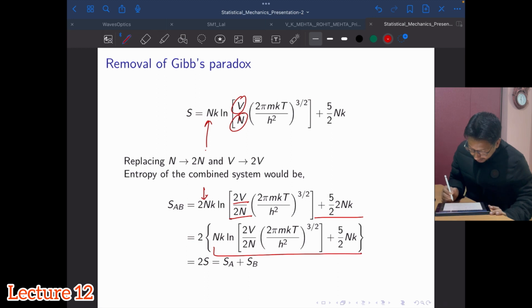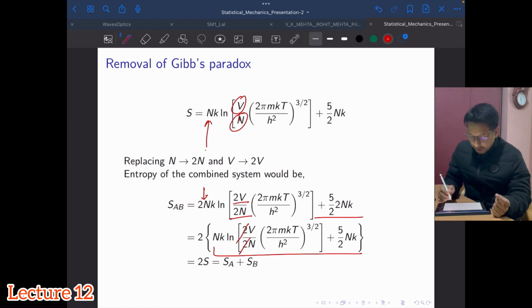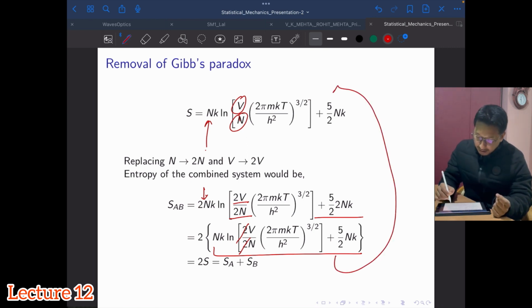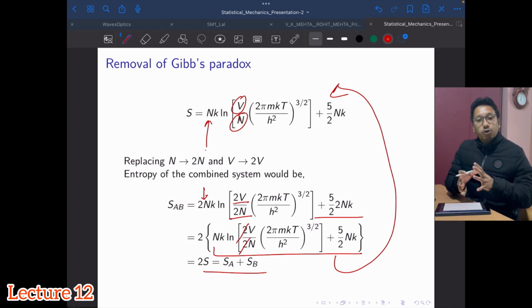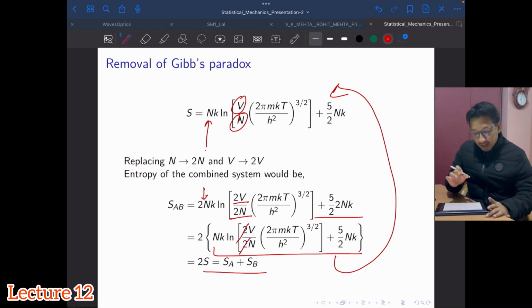What we get here is the entropy of the individual system, what we had earlier. This is the Sackur-Tetrode equation. So this solves the problem. The sum of the entropies of the individual systems gives rise to the entropy of the combined system. This is how the Gibbs paradox is resolved.